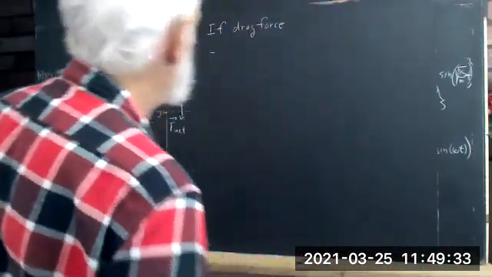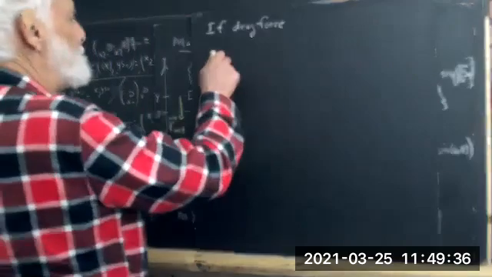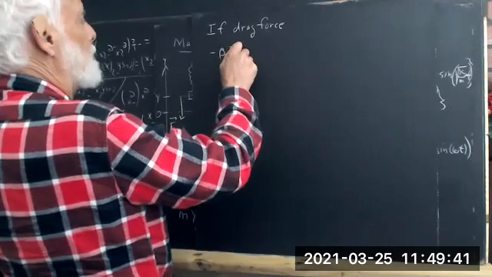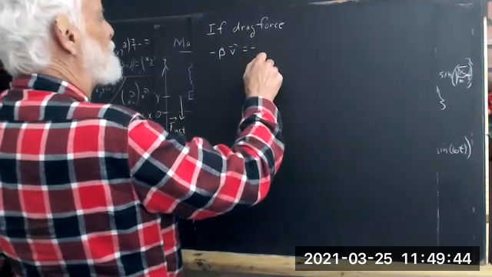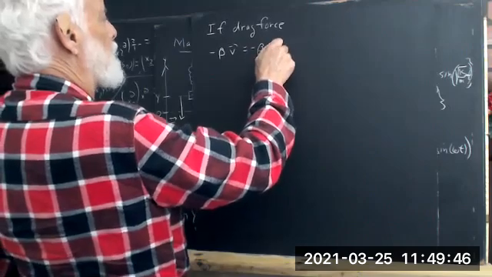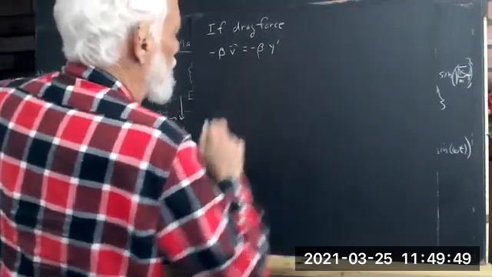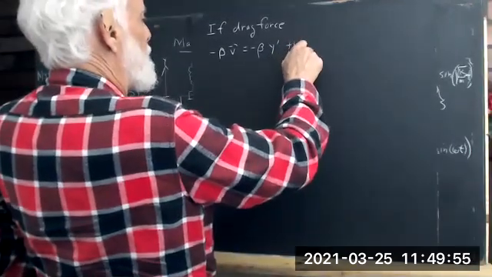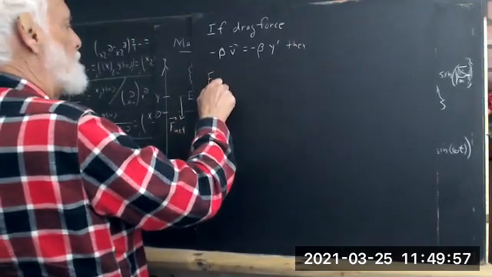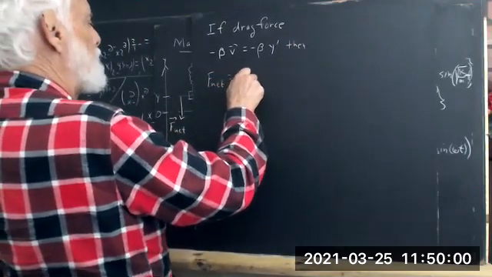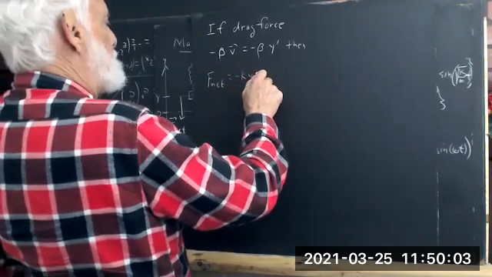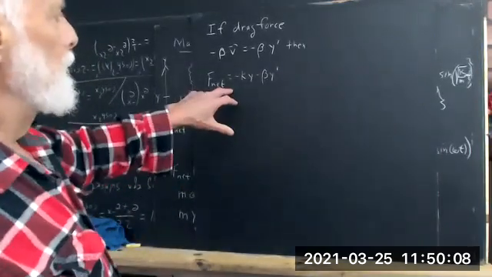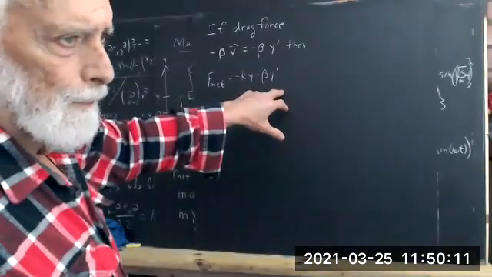Okay, if drag force is minus beta times your velocity, which in this case is minus beta times y prime, then your net force is negative ky minus beta y prime.